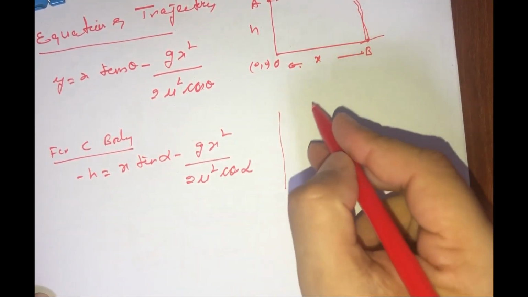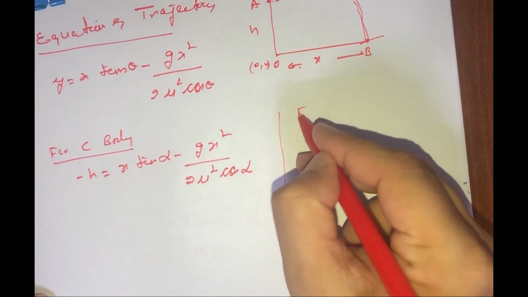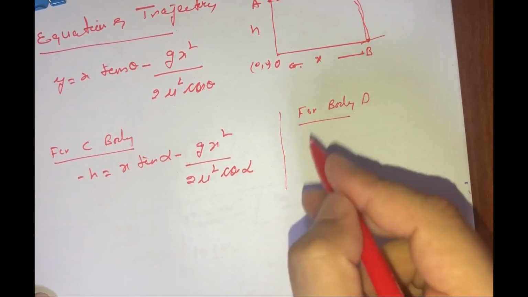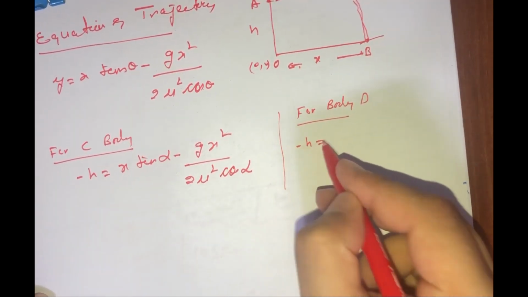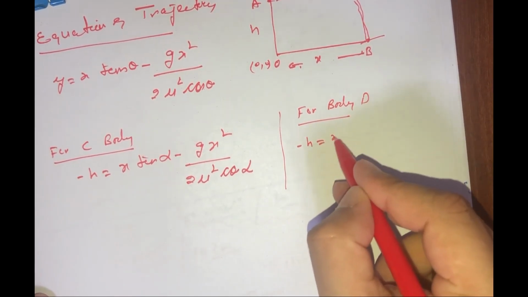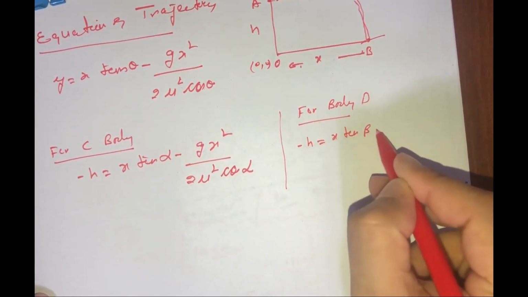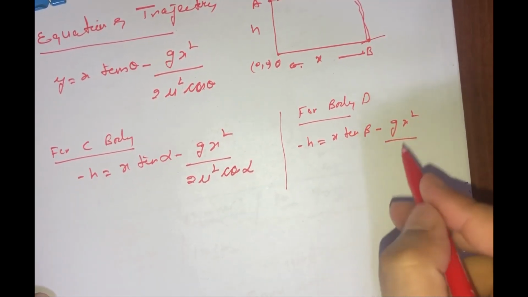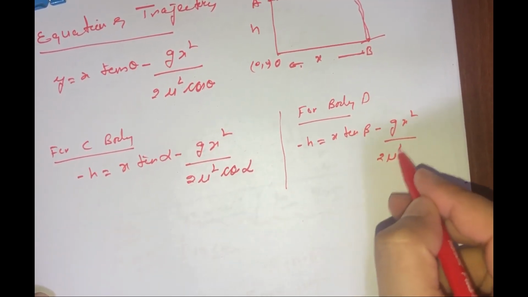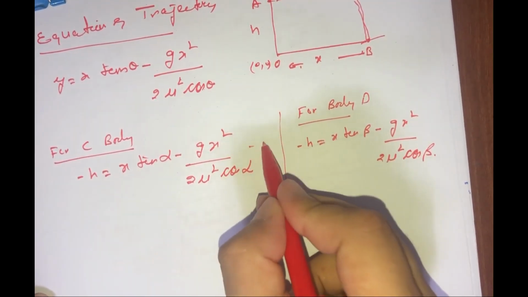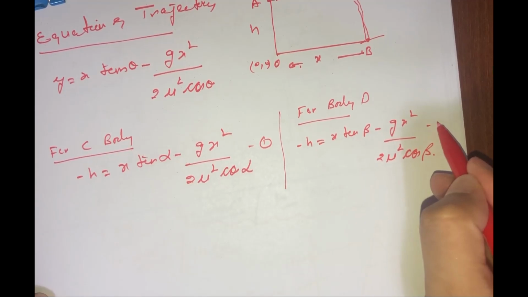And for body D, we can write minus h equals x tan beta minus g x square divided by 2u square cos square beta. Let us call these equation number 1 and equation number 2.